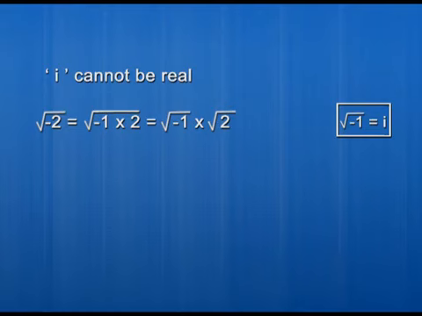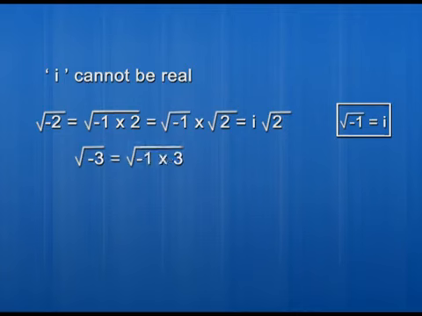Now if we substitute the value of square root of -1, it can further be written as i times square root of 2. Similarly, we can see that square root of -3 can be written as square root of the product of -1 with 3, which can further be written like this, and it gives us the value i times square root of 3.